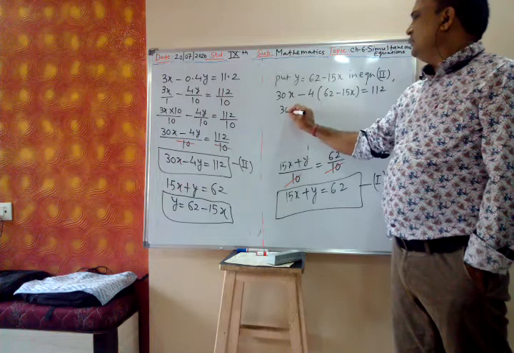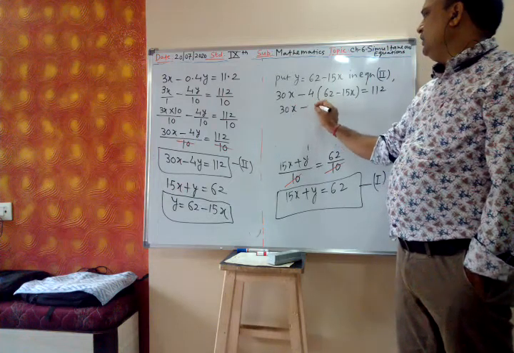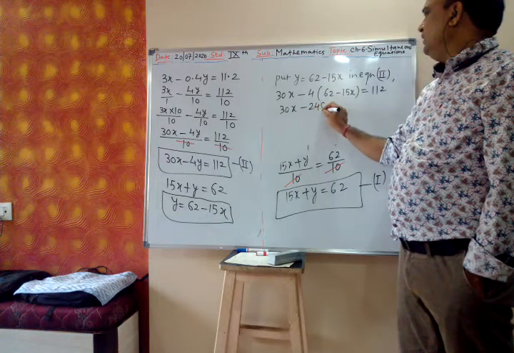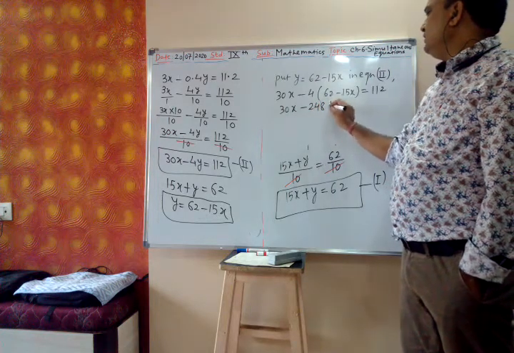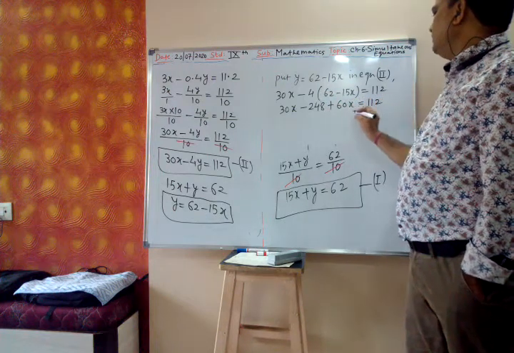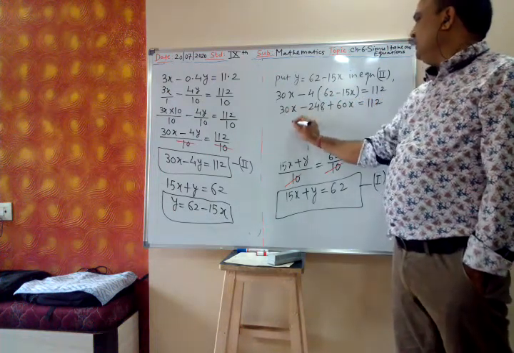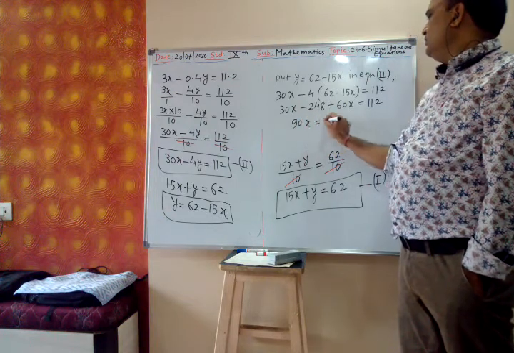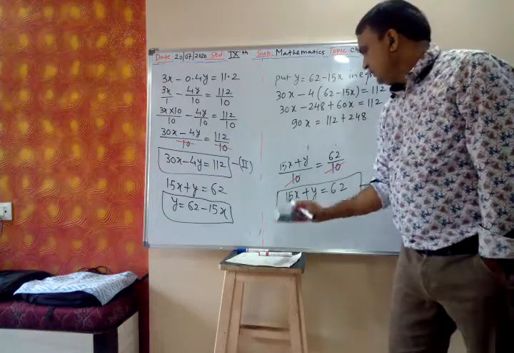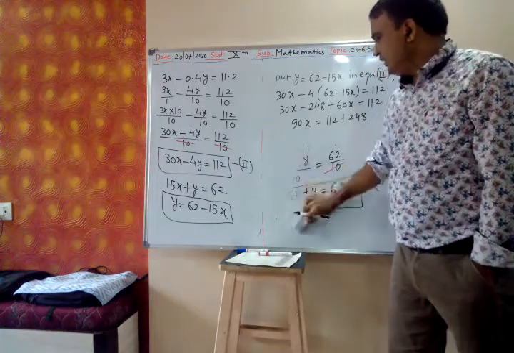So 30x minus 4 into 62, this is 248, minus into minus plus 15 into 4, 60x is equal to 112. So 30 plus 60, 90x is equal to 112 plus 248.